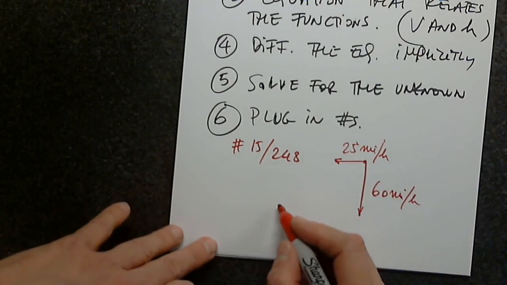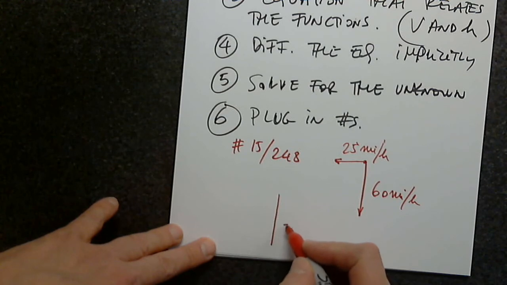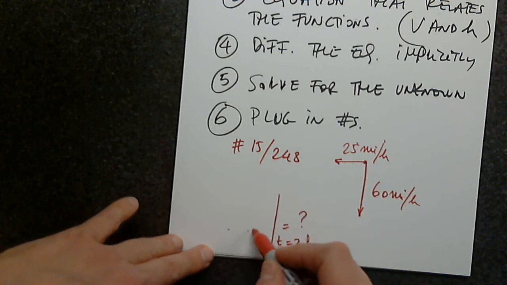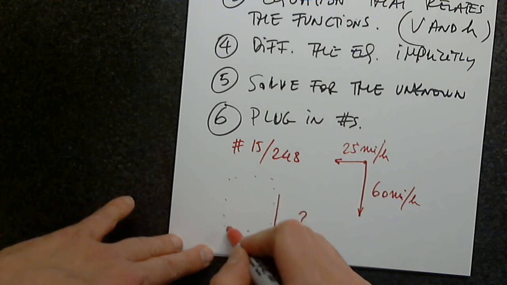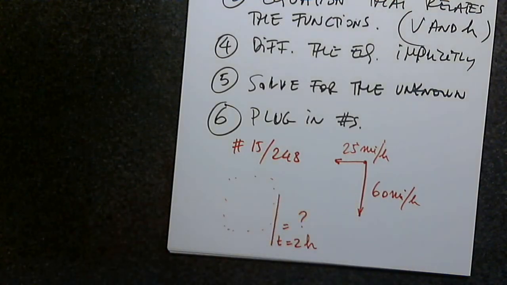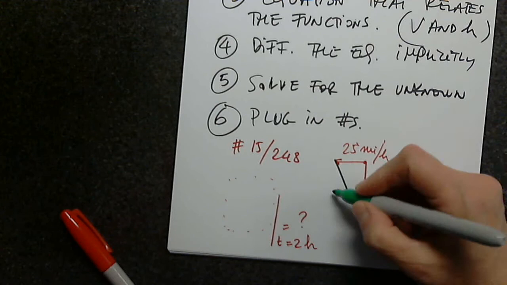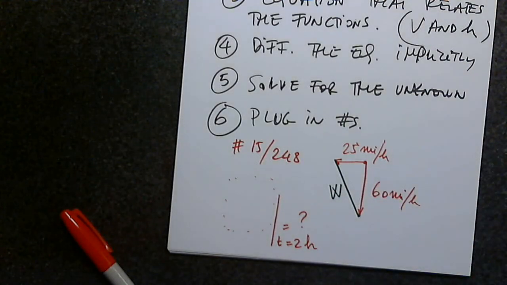So at some point in time, the distance between those two will be this. I'm going to call it W. I cannot use D because it will be dD and I don't want to do that.